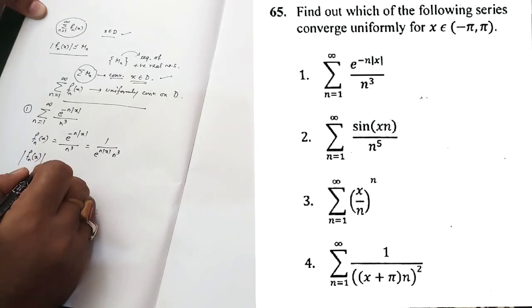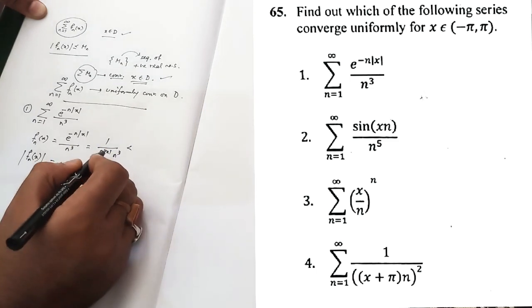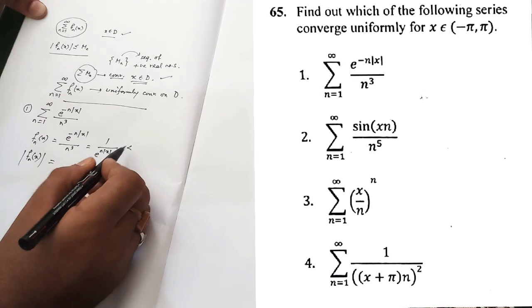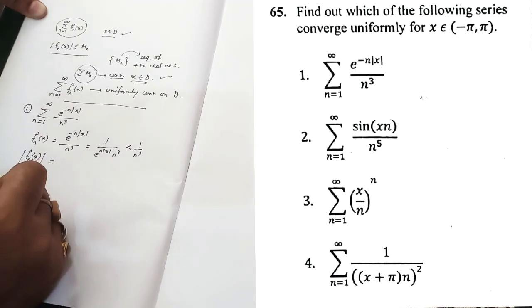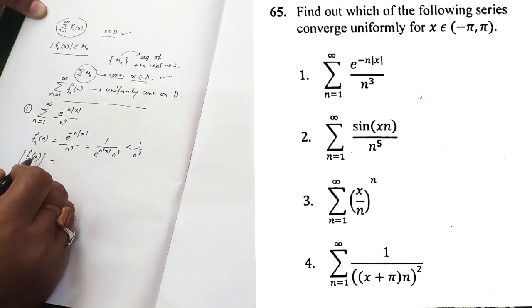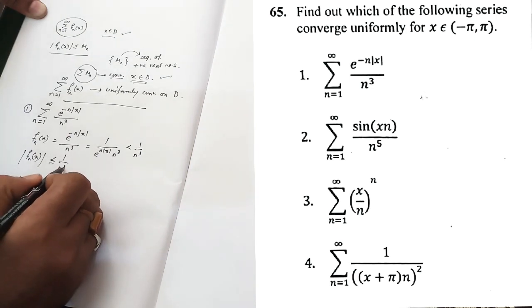Now take the modulus, and immediately it is clear that this part, 1 by e to the power something, is less than 1, multiplied with 1 by n cube. That means mod of f_n(x) is less than or equal to 1 by n cube.